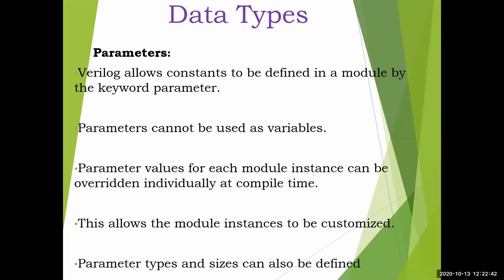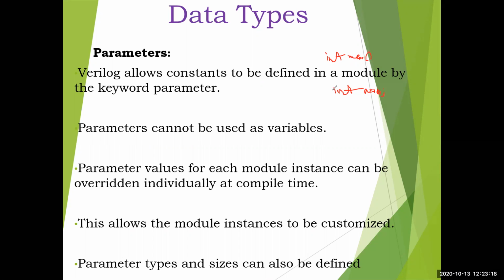Next, the parameters data type. Verilog allows constants to be defined in a module by the keyword parameter. This is familiar from C programs, local declaration and global declaration. If you have a C program where you have int main, beginning the main program, and inside that you start the declaration, like int a = 10, this is called a local declaration because it is inside the program.